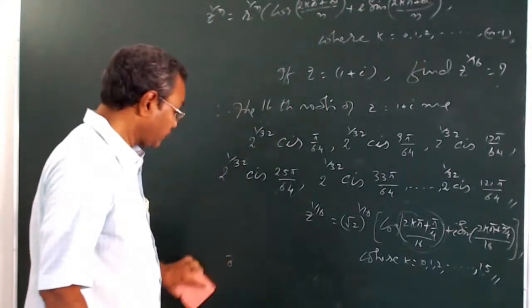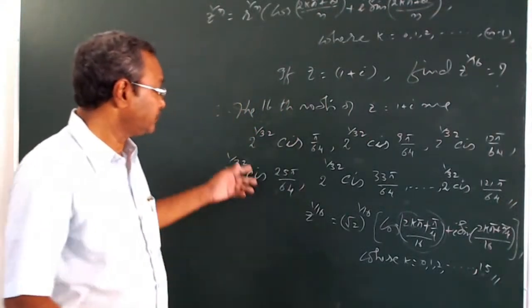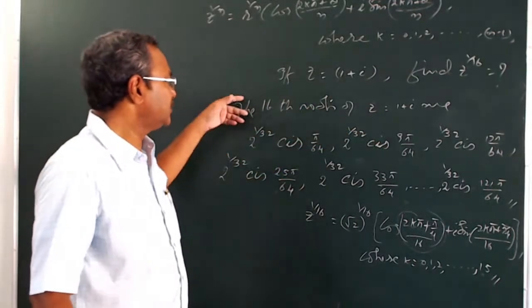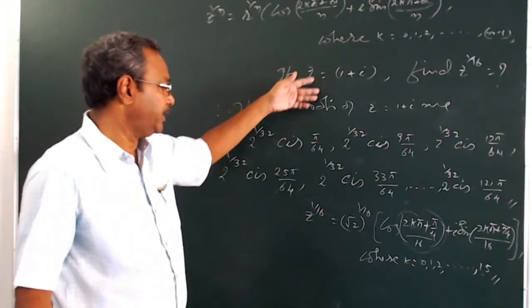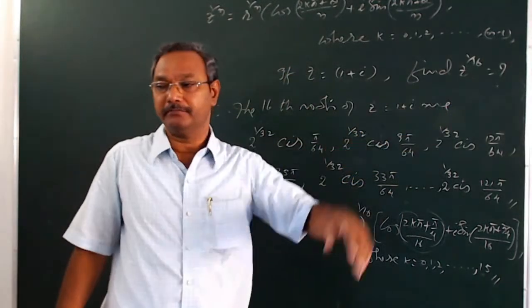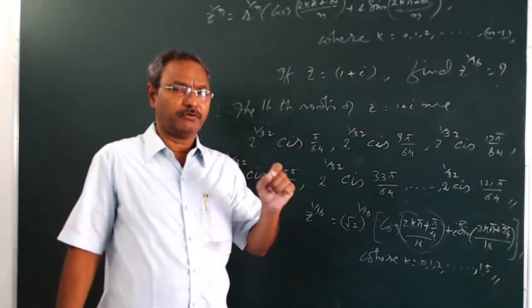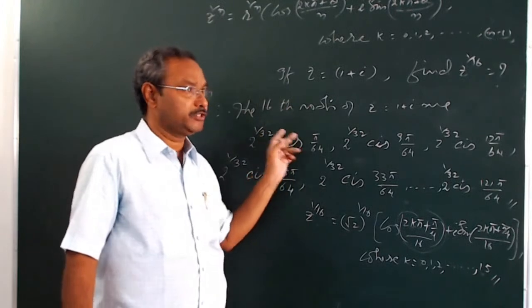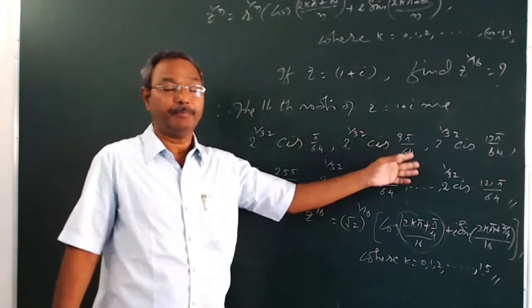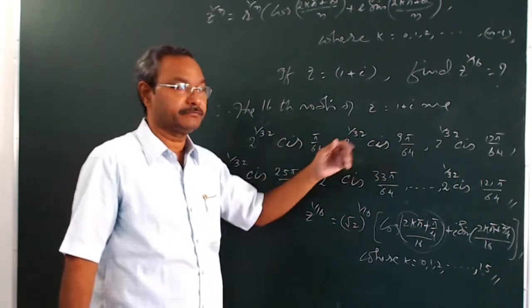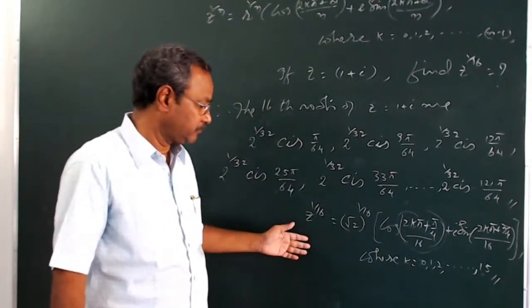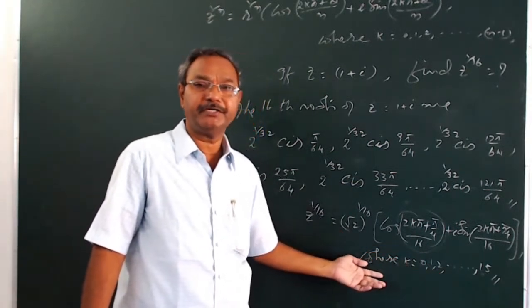Likewise, you can look at all the 16th roots of the complex number z. If you are asked to write all the 16th roots, you have to list out all of them separately. Otherwise, you can conclude the problem here itself.